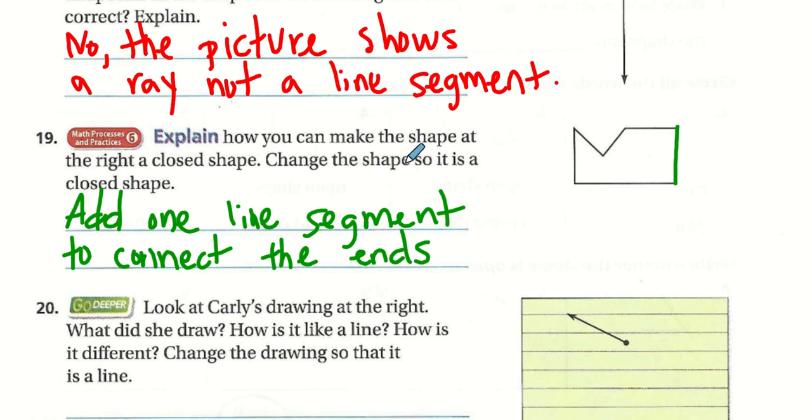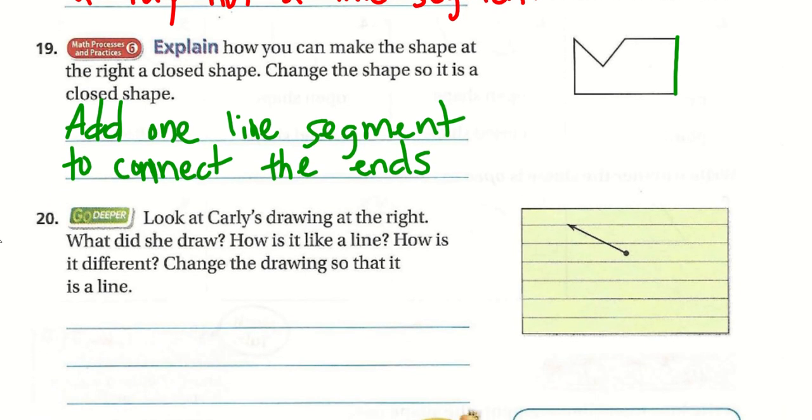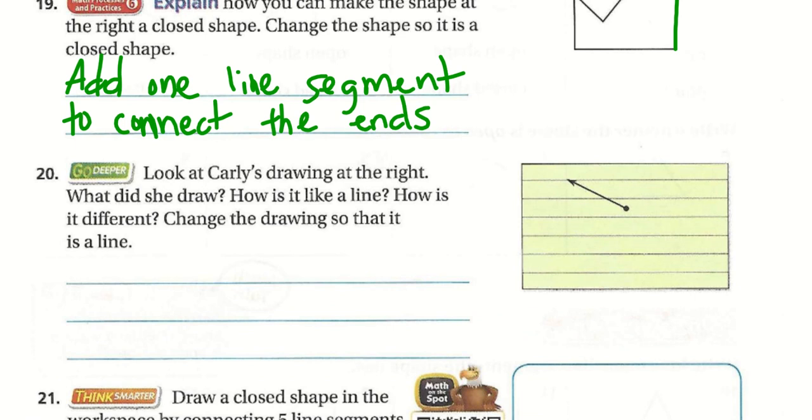We would add 1 line segment to connect the ends. So we connected the 2 ends together to make it a closed shape. Again, you can pause if you need more time to write, or keep writing because you can still see it on the screen.